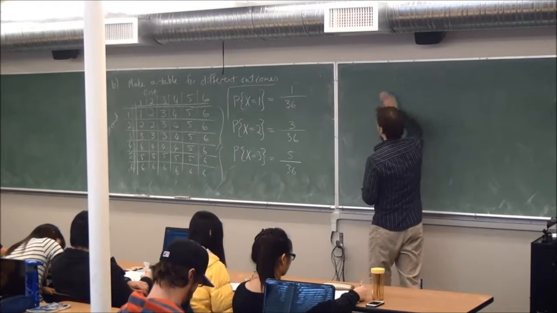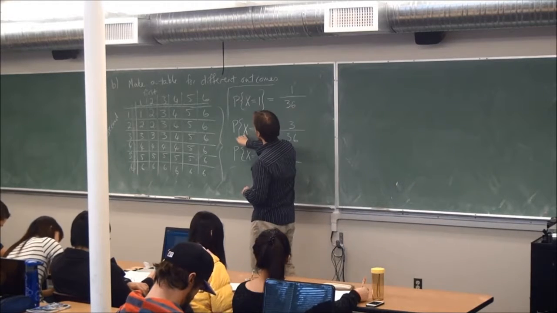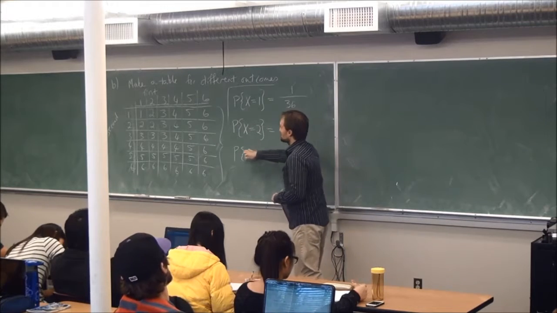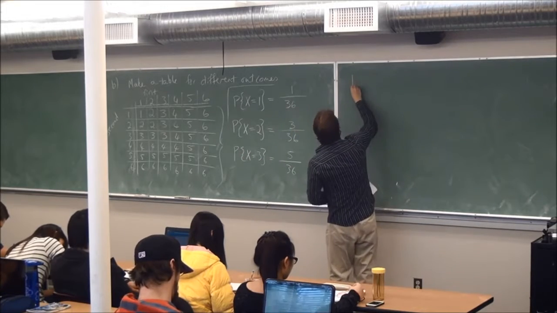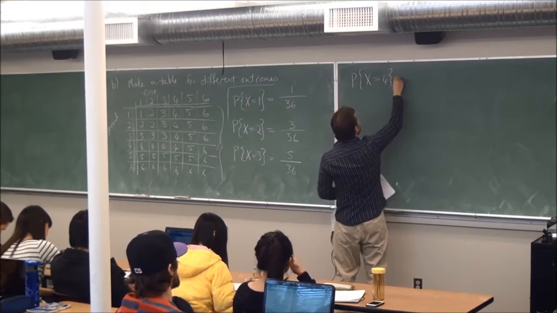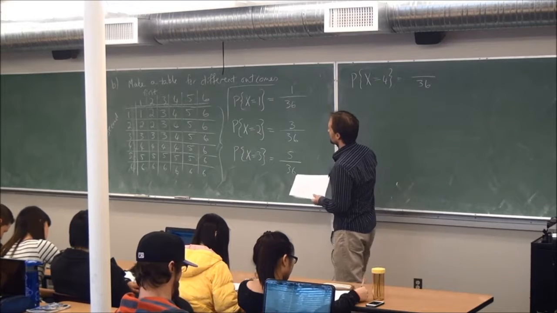So take note of the notation. Slightly different because I'm referring to my variable that has a specific value. This represents an event if you want. The probability that x equals 4 over 36, how many 4s do I have?